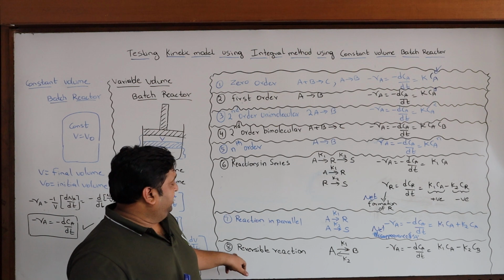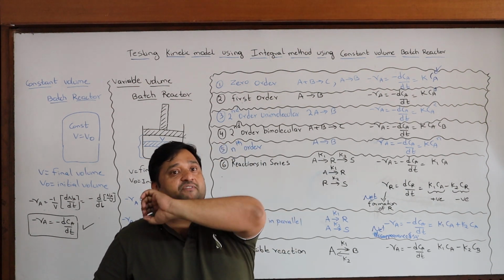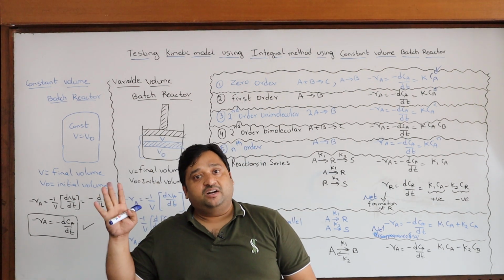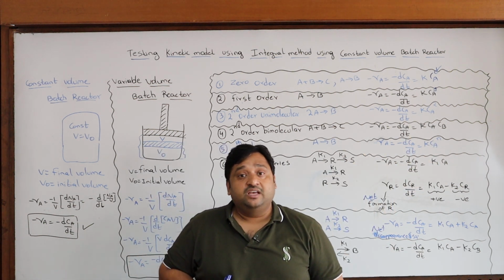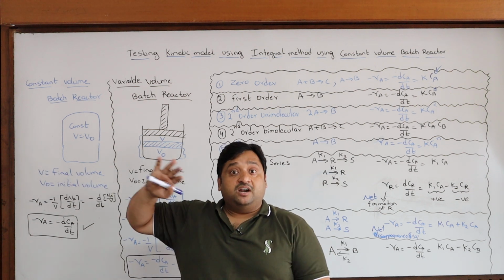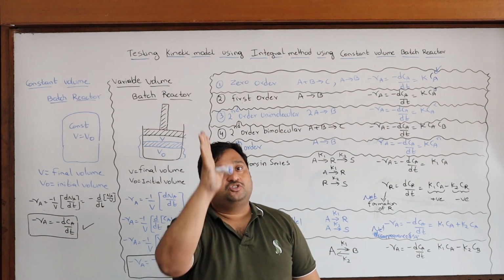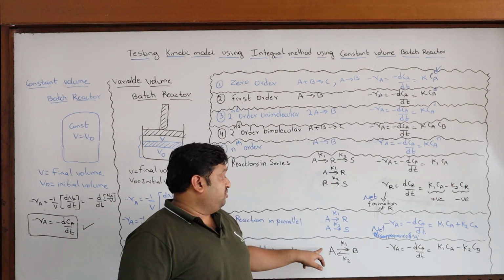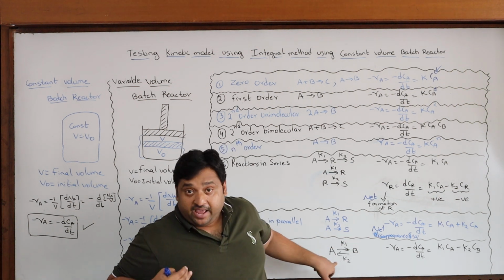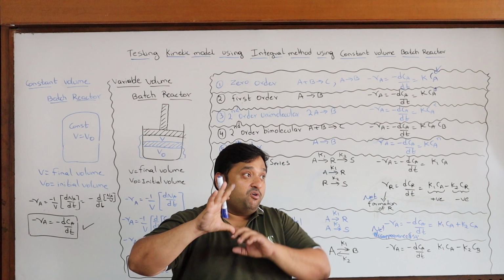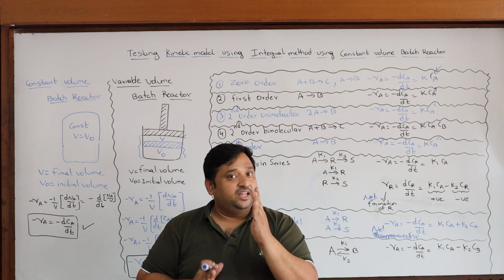And the last one we are discussing is reversible reactions. All of the earlier ones are irreversible reactions. That means the initial point is 100% A and the final point is 0% A. Whereas in reversible reactions, the initial point is 100% A, but the final point is not 0% A. Somewhere in between the reaction stops, because one reaction is trying to form B and the second reaction is trying to form A. At one point of time there is no change.